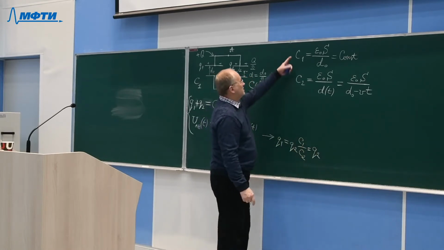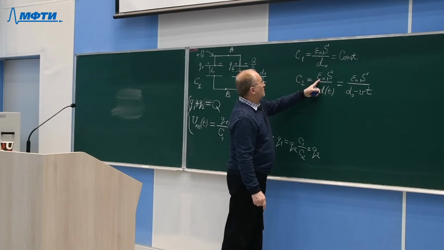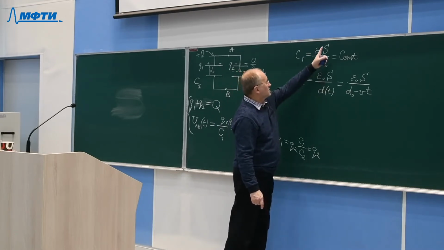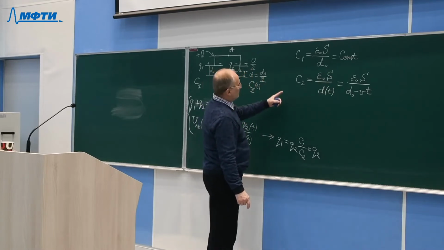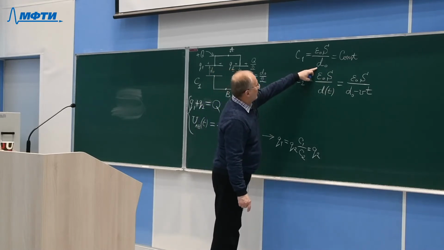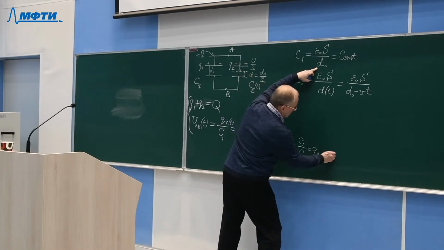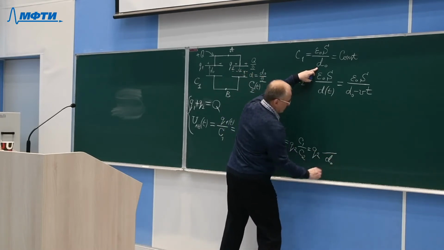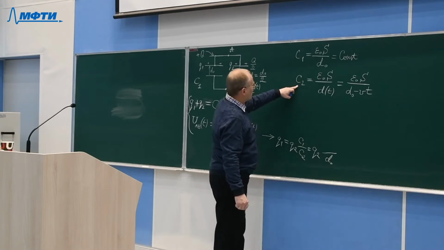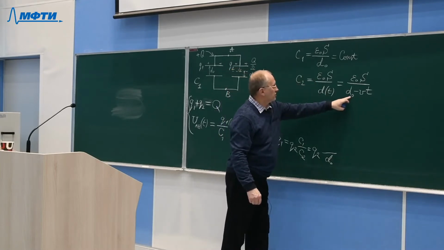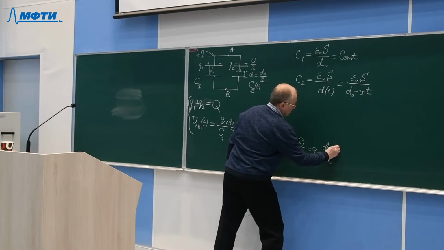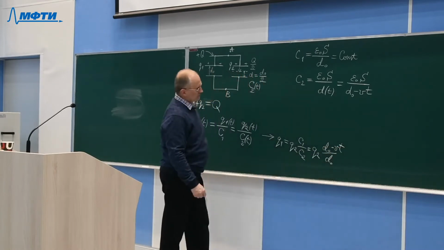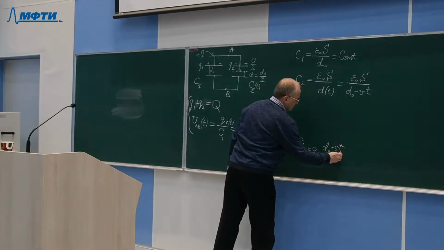When we divide C1 by C2, the electric constant epsilon 0 will cancel, as well as the area of capacitor plates. And we will obtain C1 is inversely proportional to D0. It will be found in denominator, while C2 is inversely proportional to this expression. It will go to the numerator. So D0 minus Vt will be found in the numerator of this fraction.